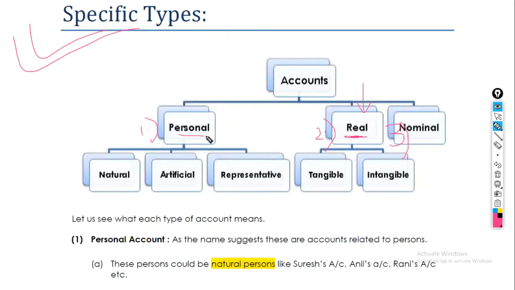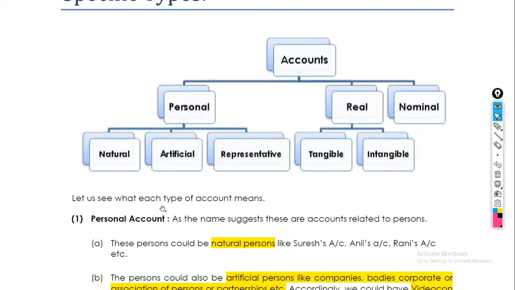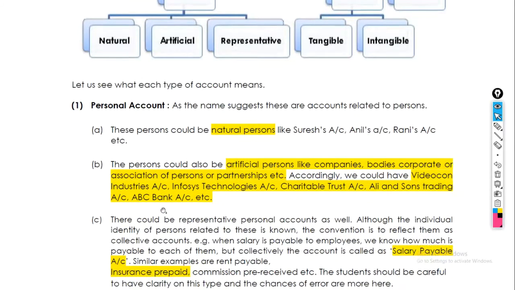But let me first explain what a personal account is, what a real account is, and what a nominal account is. As the name suggests, a personal account is an account of any person, which can be a natural or an artificial person.